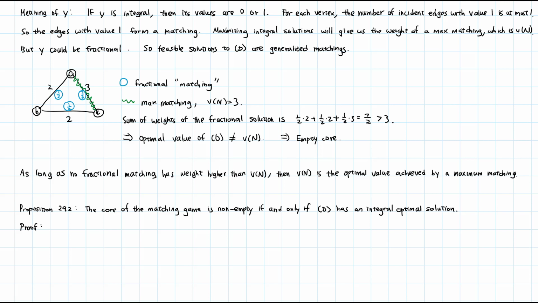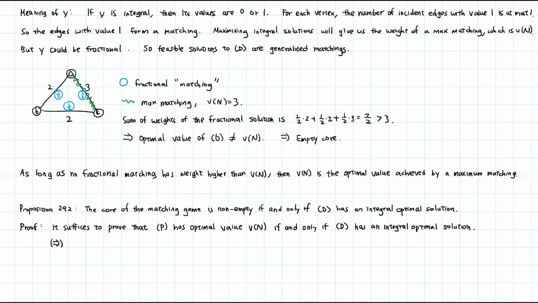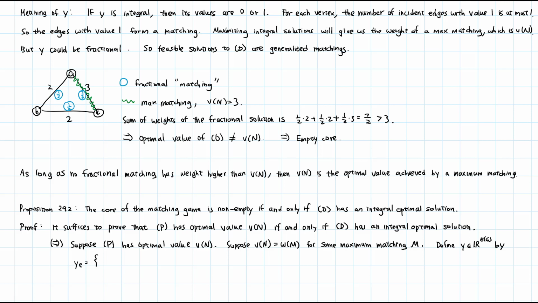For our proof, it suffices to prove that P has optimal value V of N if and only if D has an integral optimal solution. For the forward direction, we suppose that P has optimal value V of N. Suppose V of N is equal to W of M for some maximum matching M. We define a vector Y by YE is 1 if E is in M, and 0 if E is not in M. Then Y is feasible for D, because M is a matching.